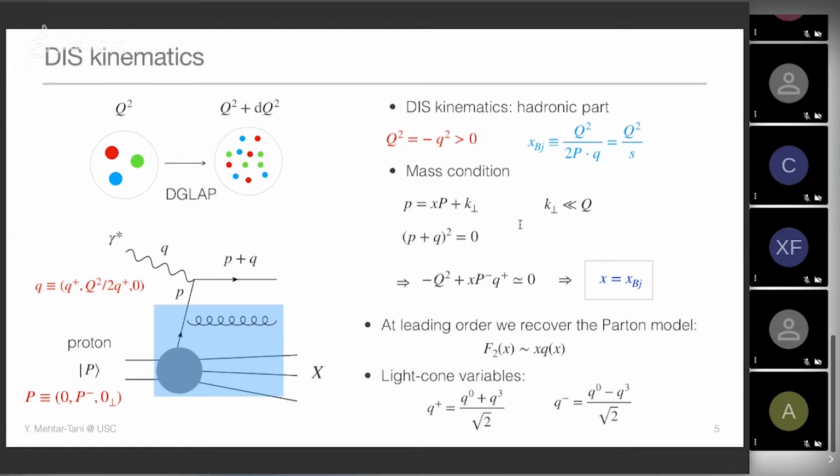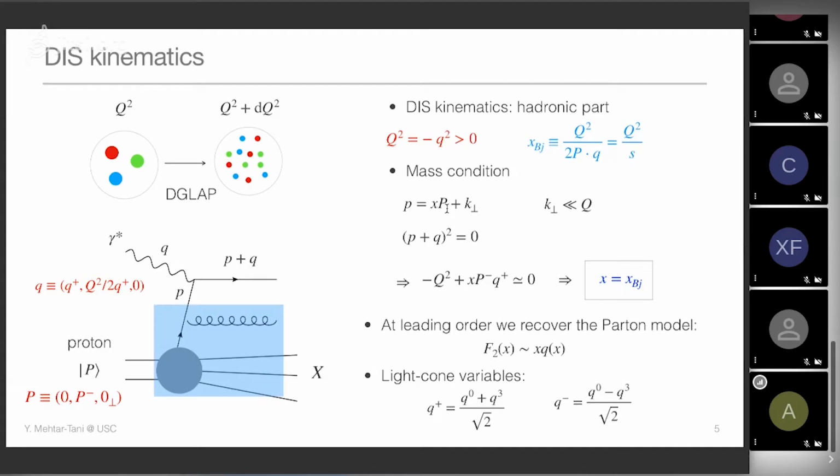If you do so, in the leading order diagram, Bjorken x in fact equals the longitudinal momentum fraction carried by this quark, and this gives the natural picture of picking up a quark at the leading order diagram.